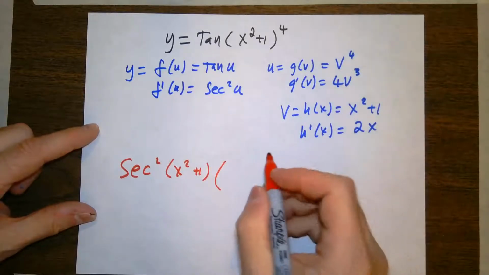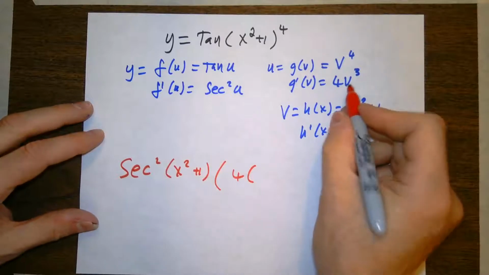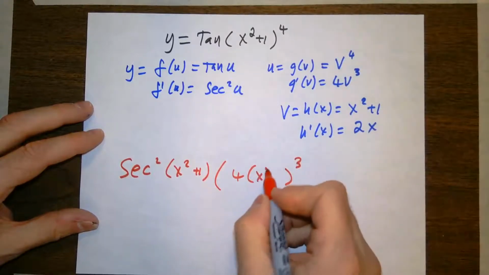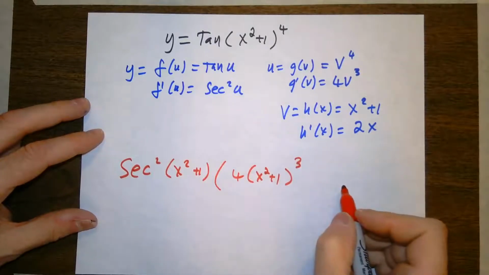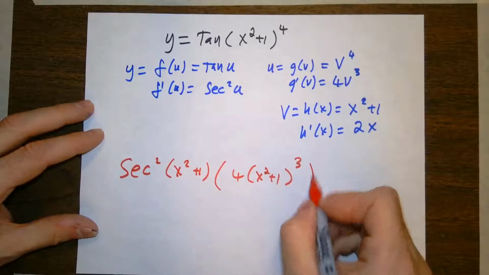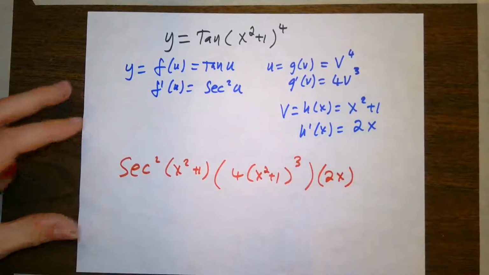The derivative of the inside is going to be 4 times the v, the inside of that, to the 3rd power. Well, what's the inside of that? X squared plus 1. And times the derivative of the inside of that, 2x.